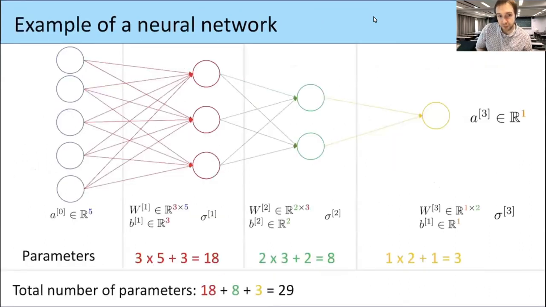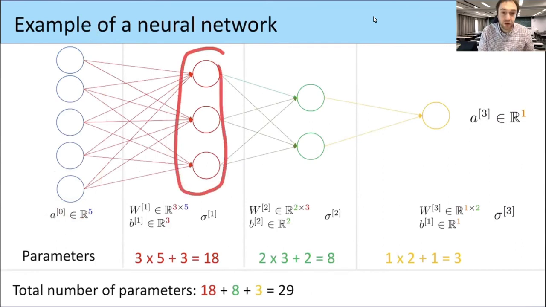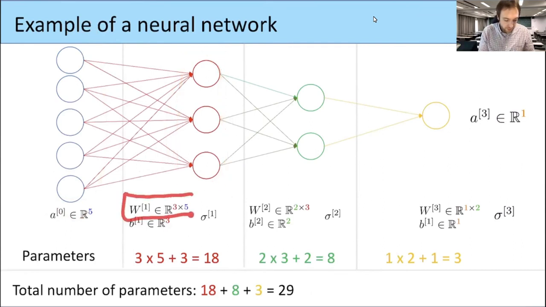And then, for example, we had this explicit example where we had one input layer with 5 neurons. So this A0 was a vector of size 5. Then in the first hidden layer, so the first layer which was not the input layer, we have 3 neurons. Therefore, this weight matrix in this case is a 3x5 matrix, because we want to multiply this vector with this matrix, which will give a vector of size 3. To this, we add this bias, which is also a vector of size 3.